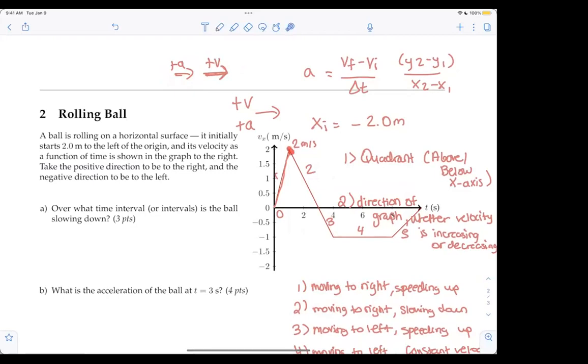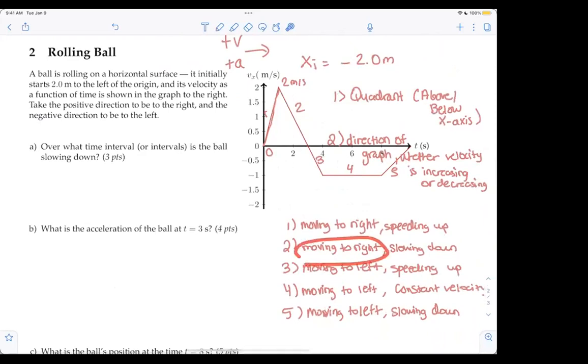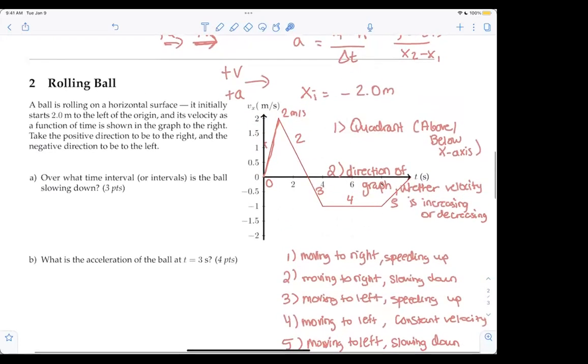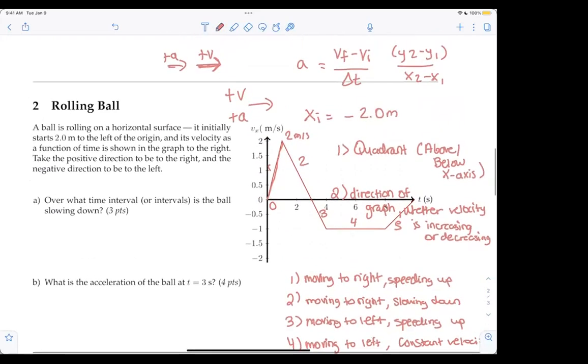Now, if I looked at this interval right here from 1 to 3 seconds, my velocity is still positive. I'm still moving in the positive x direction because it's in that first quadrant, above the x-axis. I'm still moving to the right, but my slope now is negative. If I take the slope of this section here, it's a negative slope, so it's a negative acceleration.